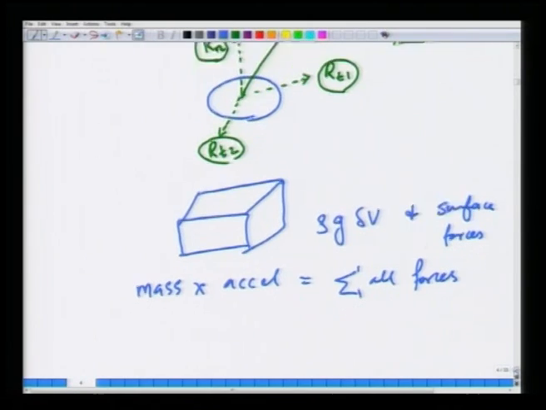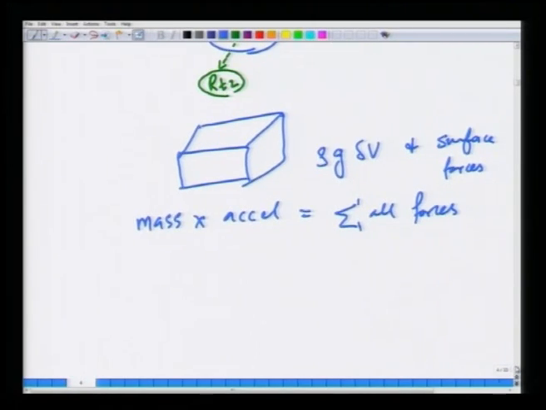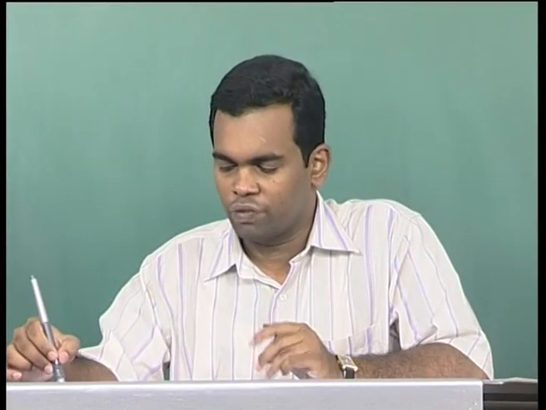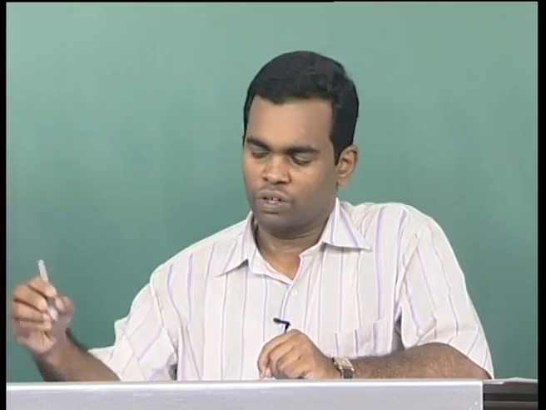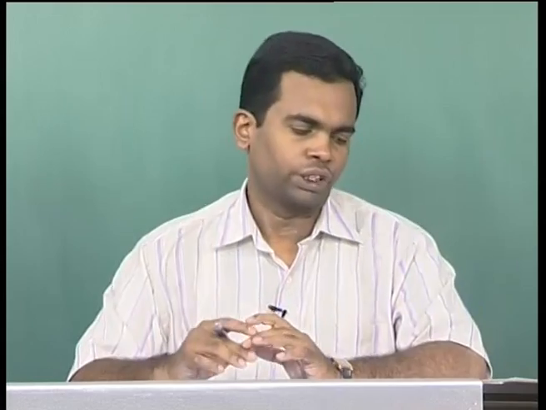So, this is the rough program in any branch of mechanics, but in fluid mechanics the forces are of various types. One is the body force, which is acting entirely through the volume, and the other is the surface force, which acts only on the surface. The surface forces can be due to viscous action as well as due to pressure.